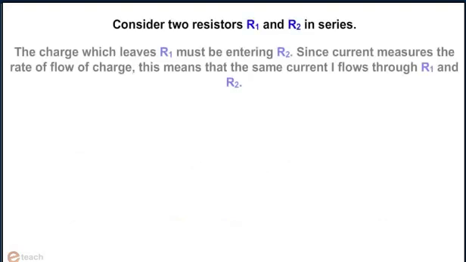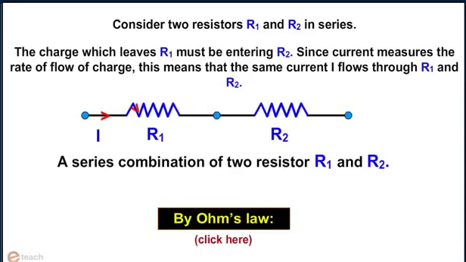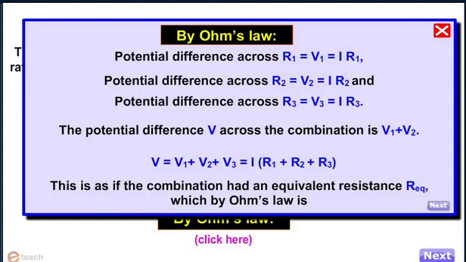Now let us consider two resistors R1 and R2 connected in series. The charge which leaves R1 must be entering R2, and rate of flow of charge is current. Hence, the same current flows through resistor R1 and R2. Potential differences across the resistors are as shown.